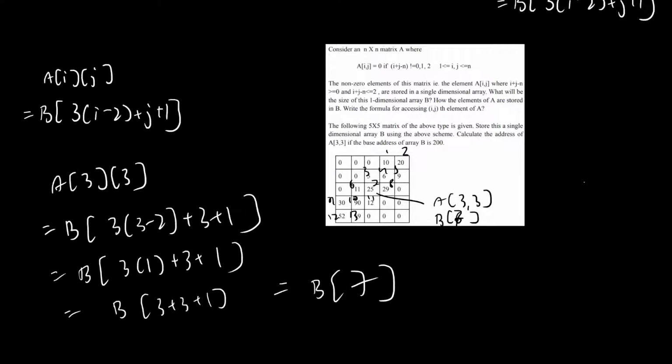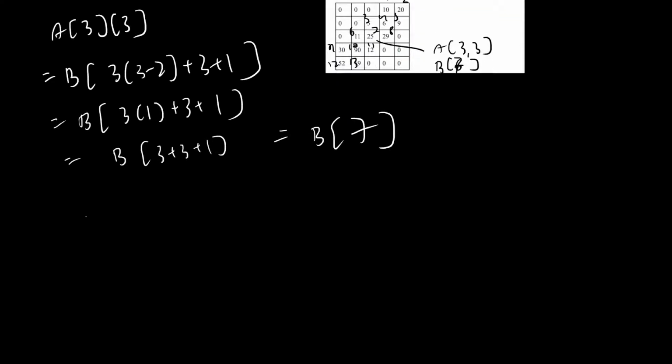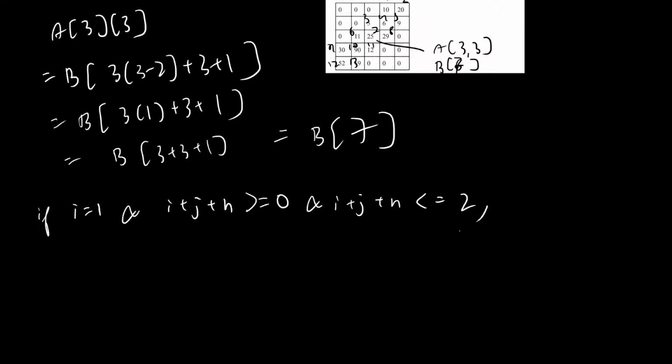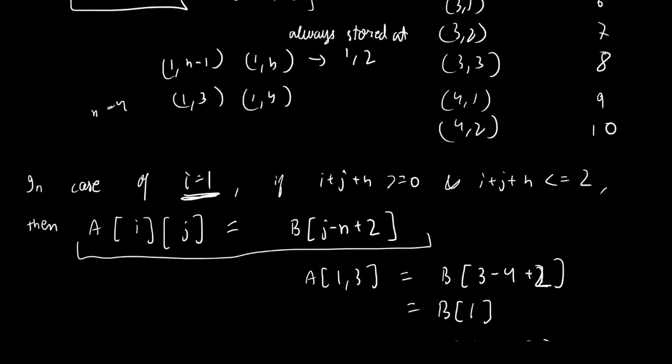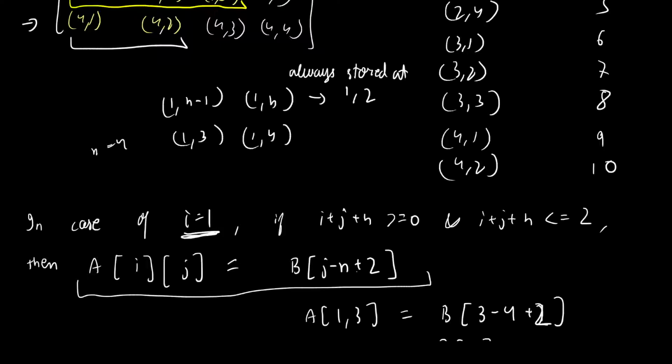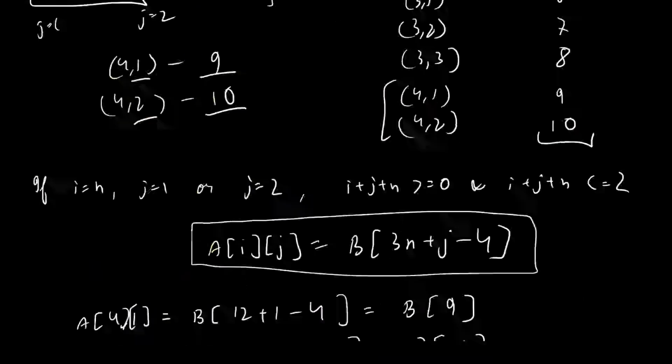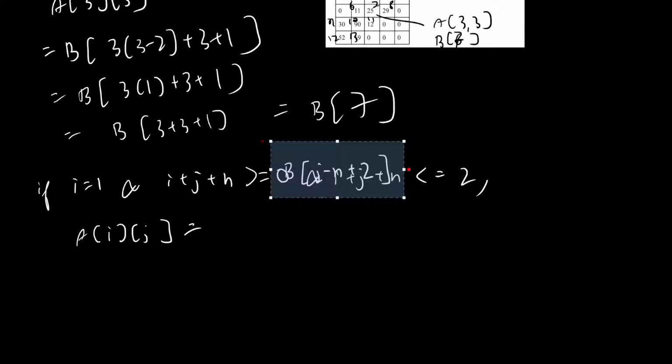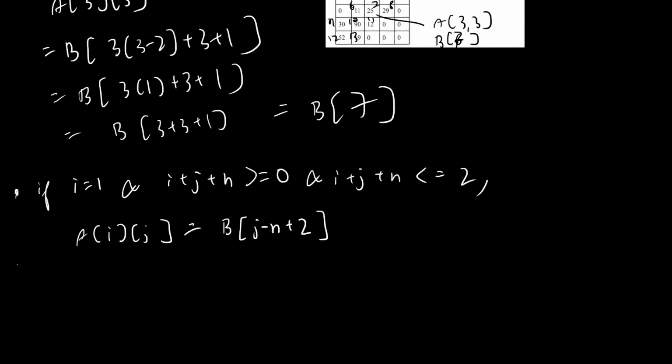So all the formulas that we have taken are as follows. If i equals 1 and i plus j plus n greater than or equal to 0 and i plus j plus n less than or equal to 2, aij equals, which we have found out, b j minus n plus 2.